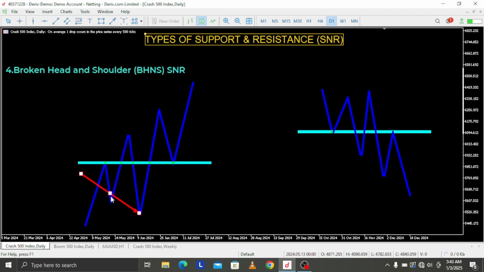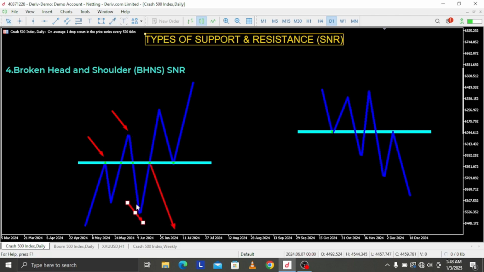When it goes down like this, it forms a potential head and shoulder pattern, whereby this point becomes a potential left shoulder, and this point becomes a potential head of the anticipated head and shoulder pattern. We hope to see the price coming back to the same level of the left shoulder at this point, so that we can sell the market to go down. But this is not what happened.